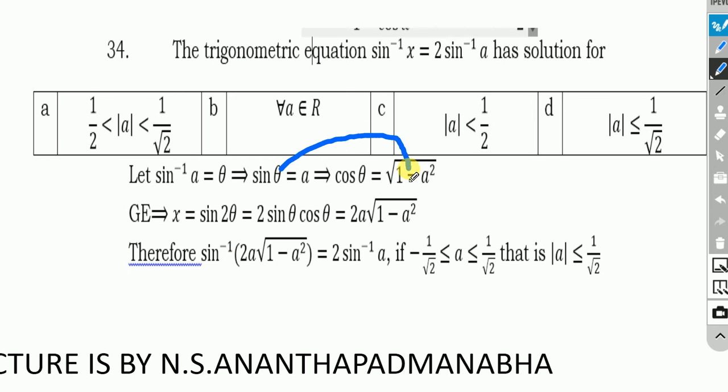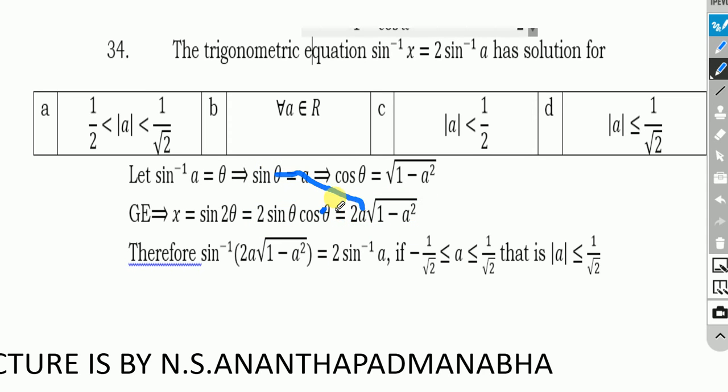Now the given expression is x is equal to sin 2 theta. So you can observe here, sin inverse a is taken as theta, therefore sin inverse x is equal to 2 theta, or x is equal to sin 2 theta. But sin 2 theta is 2 sin theta cos theta, which is 2a into root of 1 minus a square, because sin theta is a and cos theta is root of 1 minus a square.